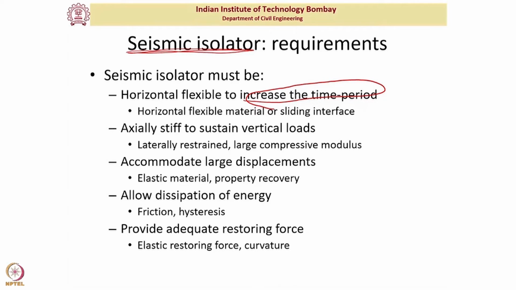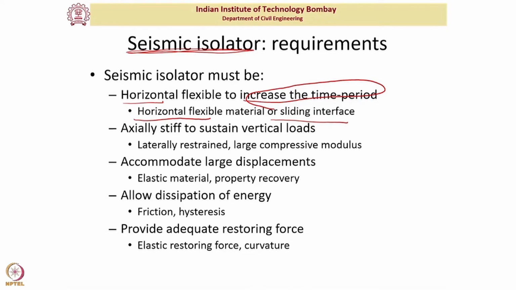So to achieve this horizontal flexibility, we can use horizontally flexible material, or we can use a sliding surface. When I say one surface is sliding over another, what I basically mean is in the horizontal direction it has very small stiffness, or almost negligible stiffness.